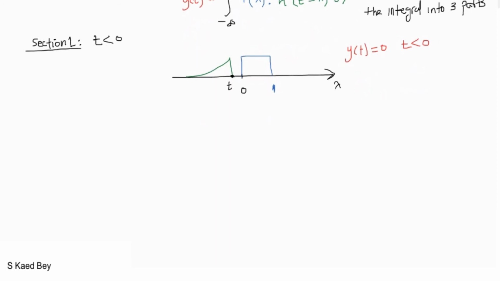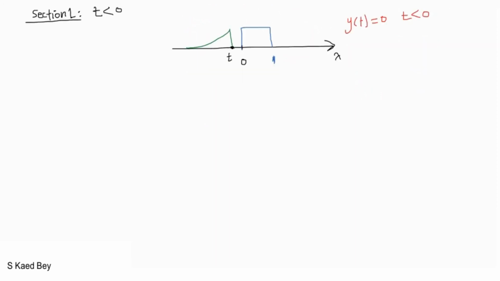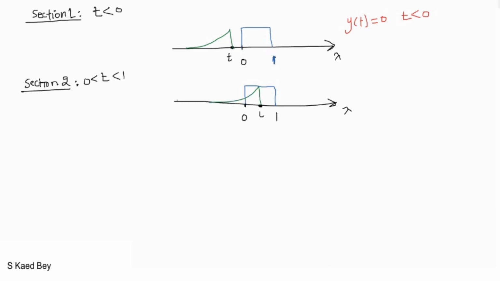Section 2 is for t between 0 and 1. Section 2 is defined when the time interval is greater than 0 and less than 1. This is where our rectangular pulse input function has a value of 1. It is very important to note that the time interval is not the same as the convolution integral limit. The integral limit is defined by the pattern overlap. In section 2, this is the first pattern overlap we have.